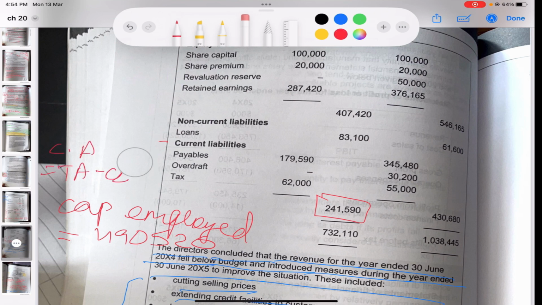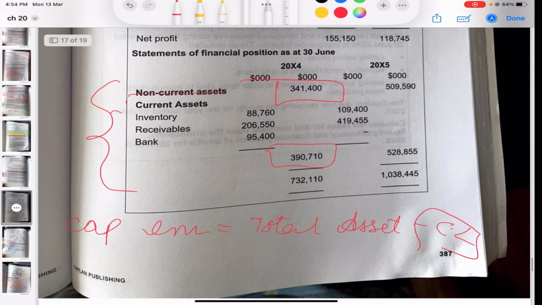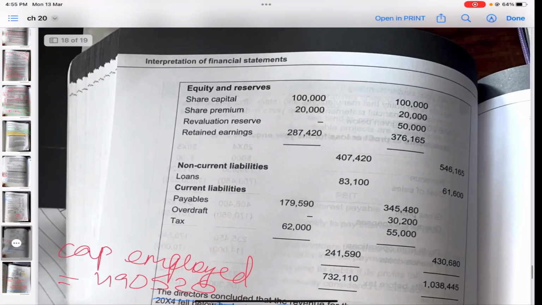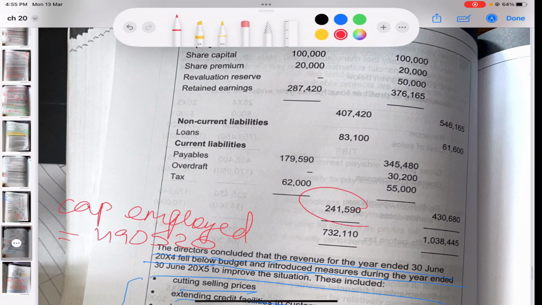We learned this formula so many times and still we were applying the wrong formula. Total assets is given over here. Total assets minus current liabilities will give you 490,520. That is the capital employed.